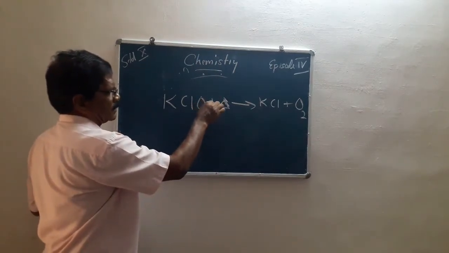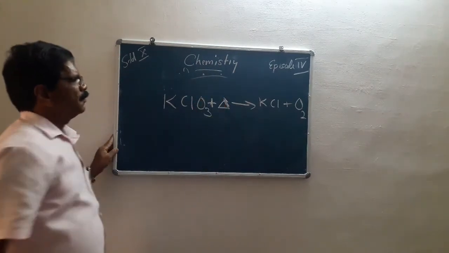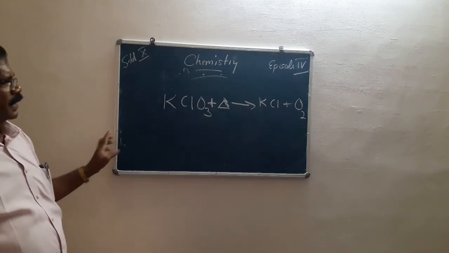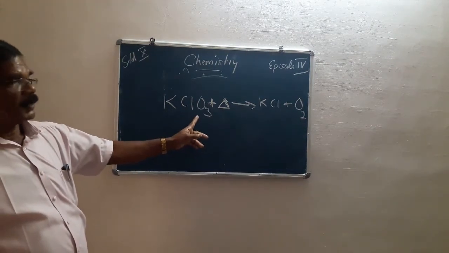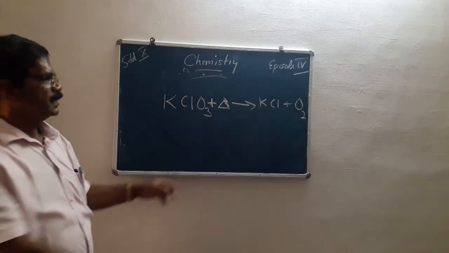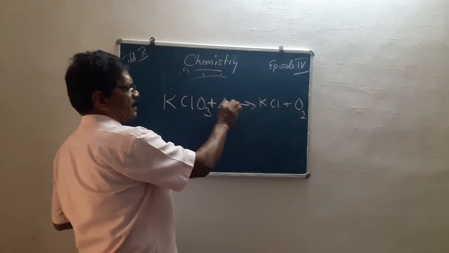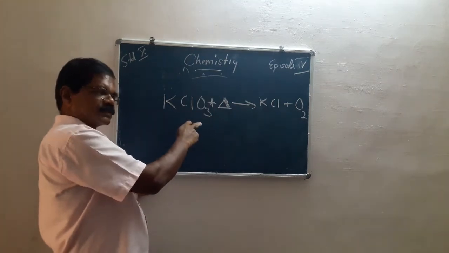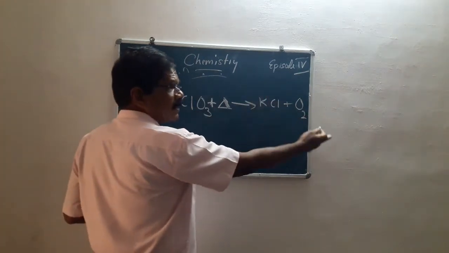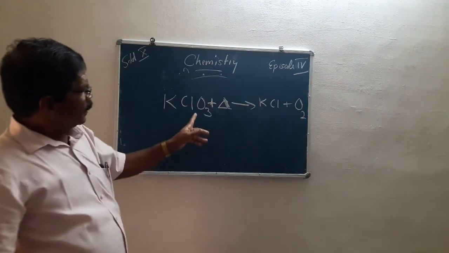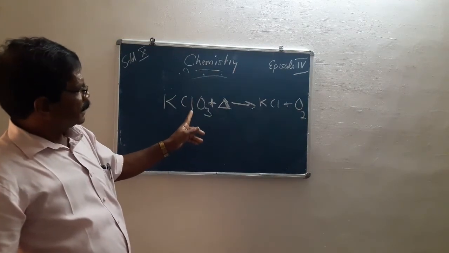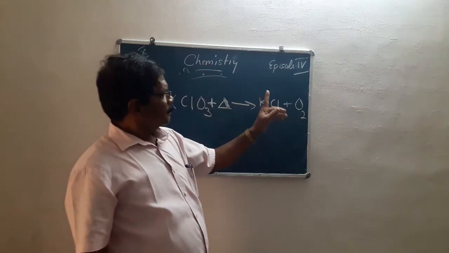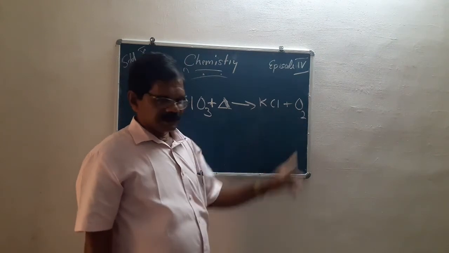On seeing this reaction, what are the reactants and what are the products? The reactant is potassium chlorate only. The delta is a form of energy; it simply denotes heat. If it is on the reactant side, it absorbs heat. If it is on the product side, it liberates heat. The products are potassium chloride and oxygen.